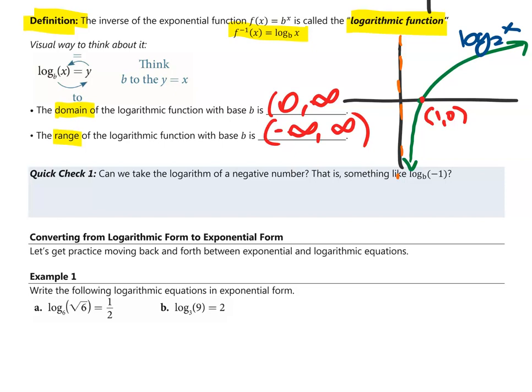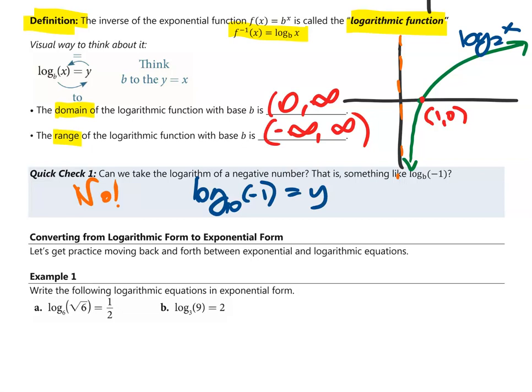Can we take the logarithm of a negative number? That is something like log base b of -1. Earlier, I showed you the table of values using decimals, and the answer is no. Think about log base 10 of negative 1 equals y.